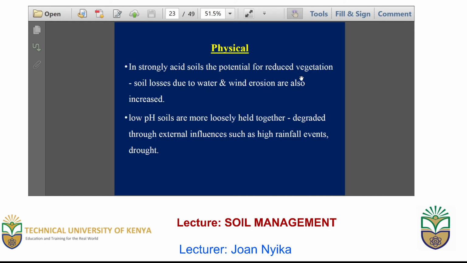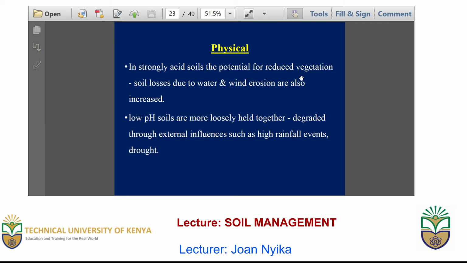Physical: in strongly acidic soils, the potential for reduced vegetation is very high. That is, most of these soils do not have enough vegetation cover. Remember what we said are the effects of not having enough vegetative cover is that the vulnerability of the soils to wind and water erosion is very high.